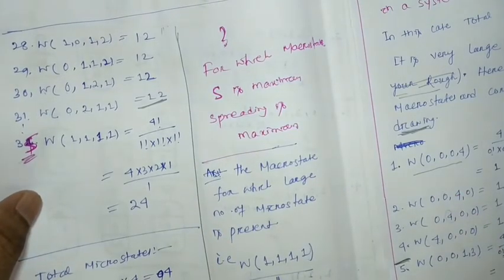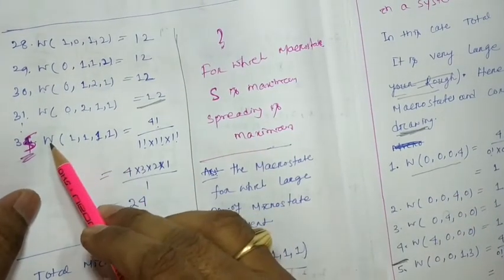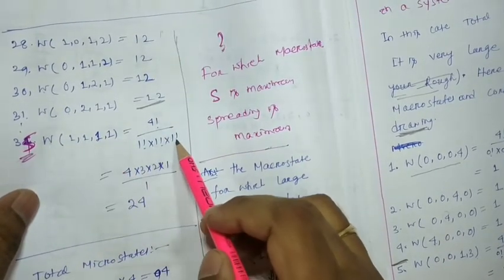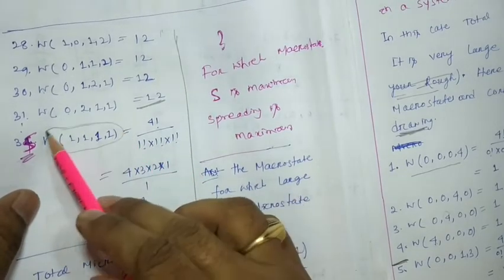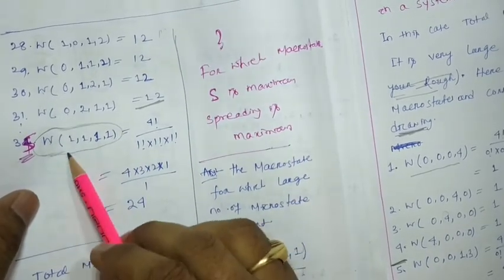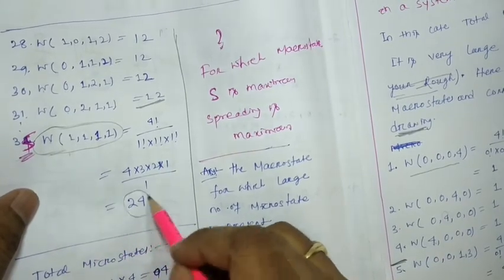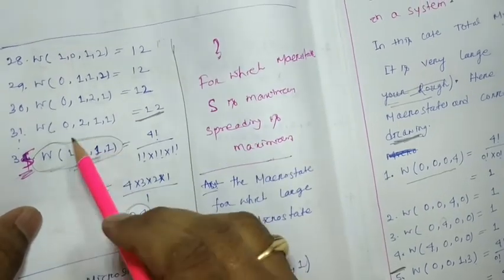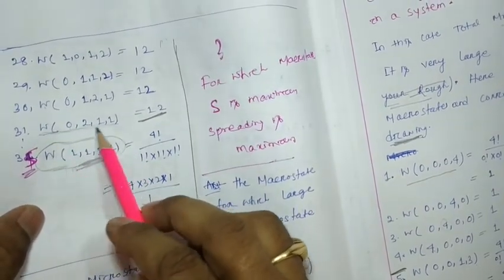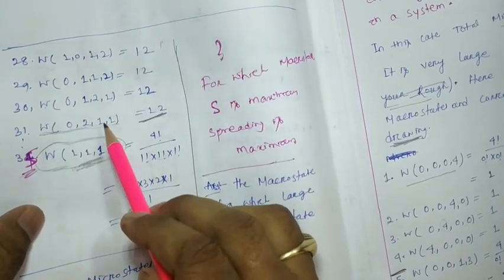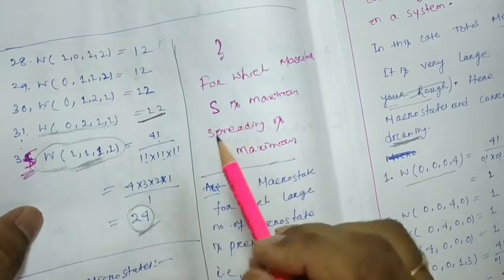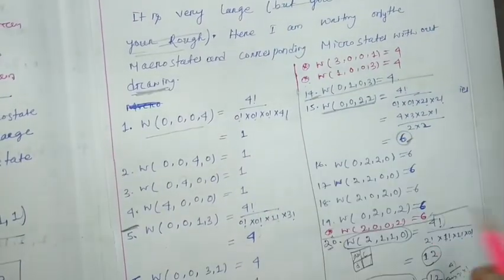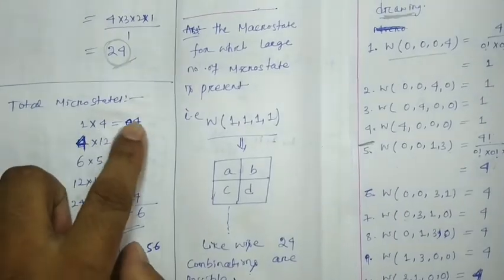W(1,1,1,1) will be 4 factorial by 1 factorial, 1 factorial, 1 factorial. So for this type of macrostate, what are the possible microstates? 24 different arrangements are possible. If you add up: here 1, 2, 3, 4, so 1 into 4 is equal to 4.